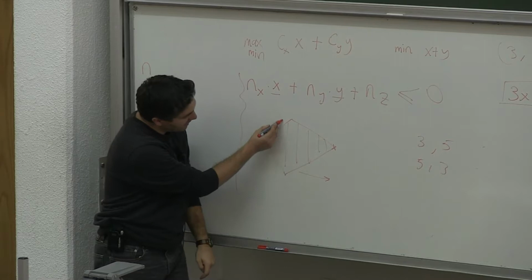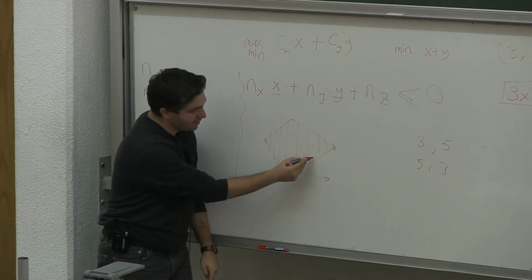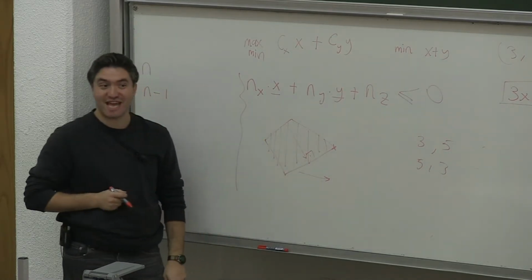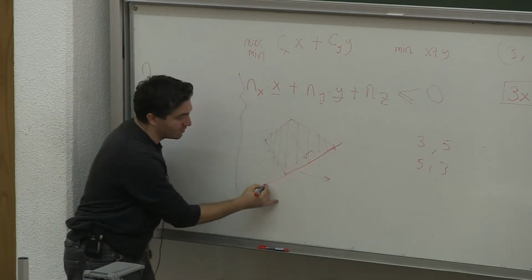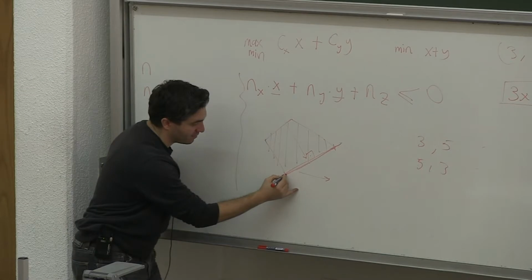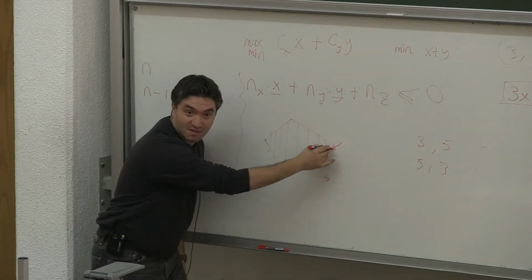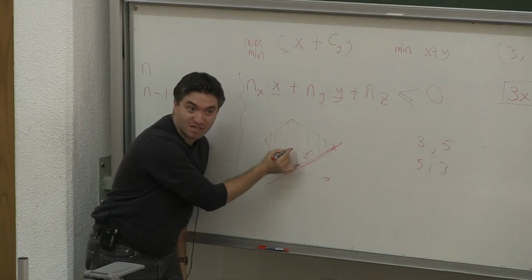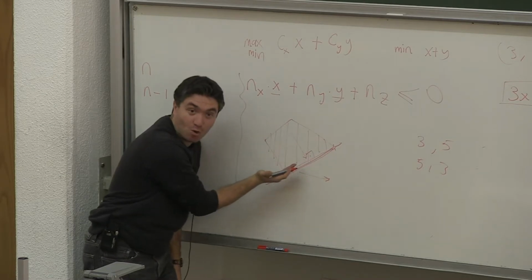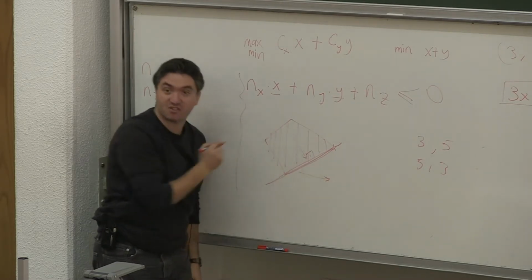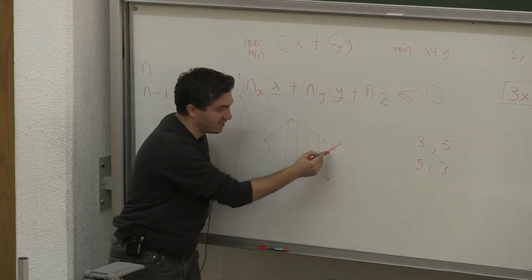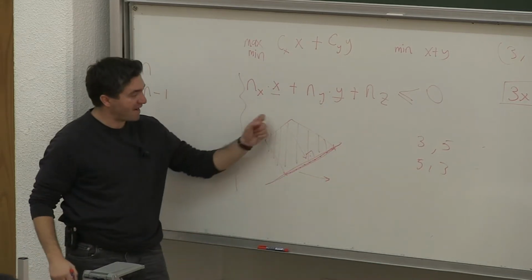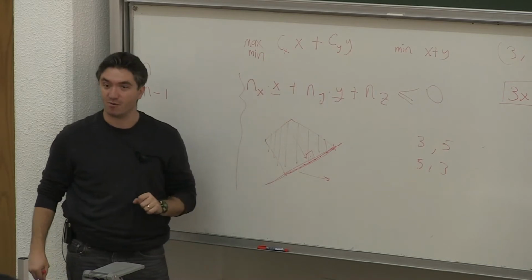If our direction vector is, for example, orthogonal to this edge here, it means that this edge by itself is extreme in this direction. The whole edge is extreme in this direction. In that case, any point here will be maximizing cx x plus cy y equally.